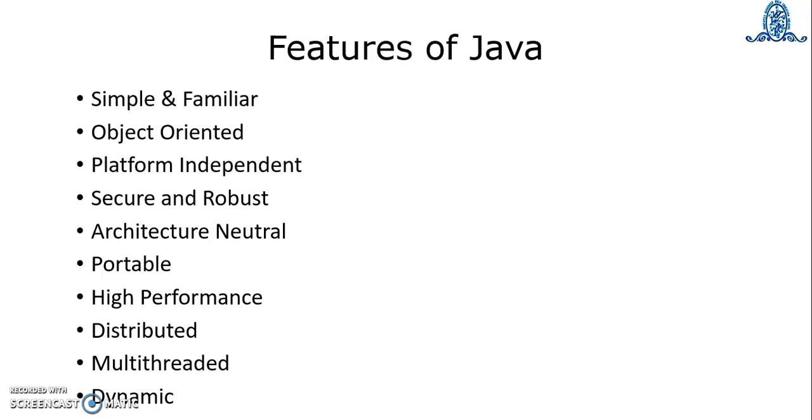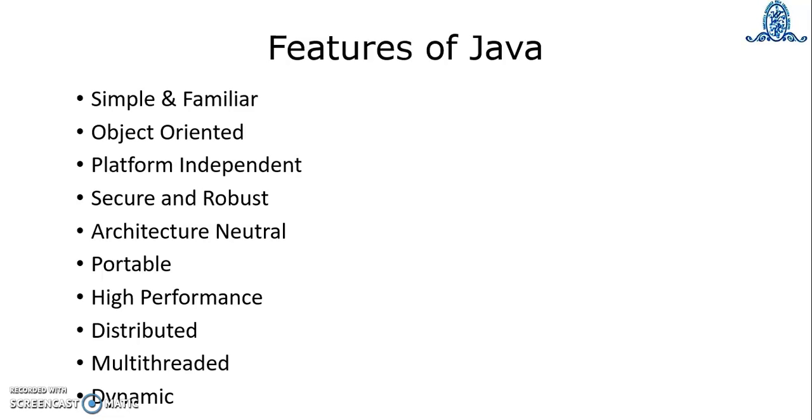Even if we use a 32-bit architecture or 64-bit architecture, the primitive data type size is fixed in both architecture types. Portable. Java is portable because it allows you to transfer Java bytecode to any platform. It does not require any implementation.